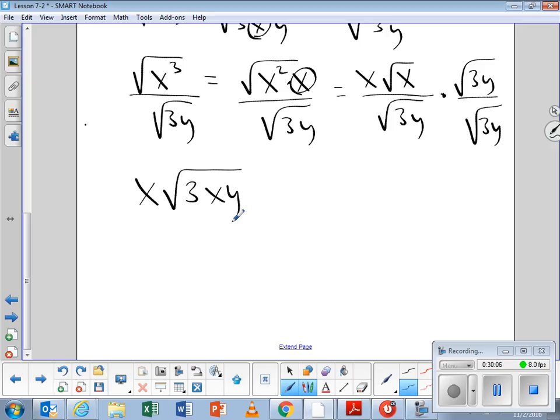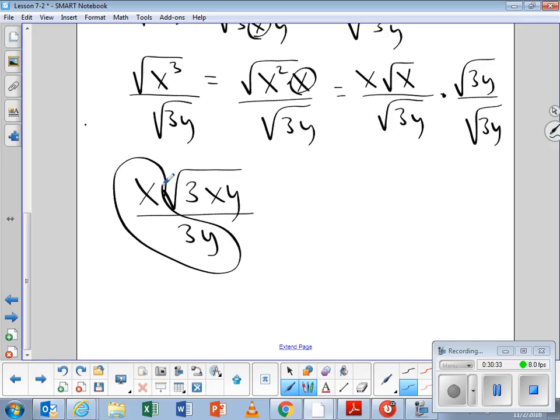Do you agree with that? I have an x, a 3, and a y, and we usually go number first and then alphabetical order. So 3xy. Now on the bottom, what is square root of 3y times square root of 3y? 3y. Now, these numbers are outside the radical, aren't they? If they're outside the radical and they're a common factor, I can cancel them.